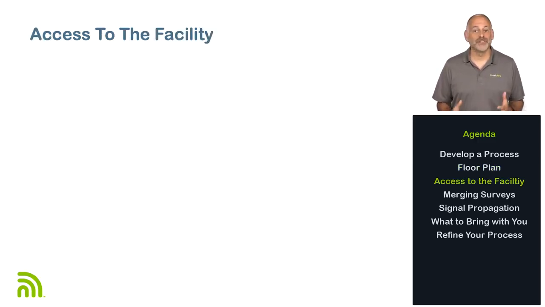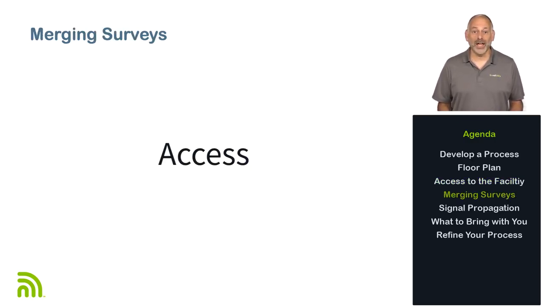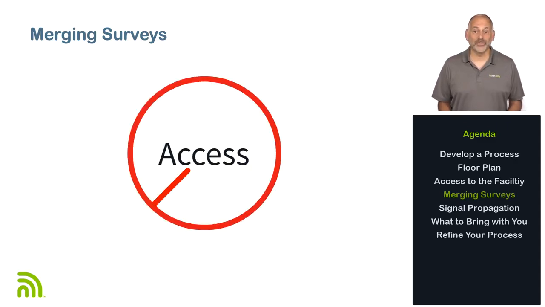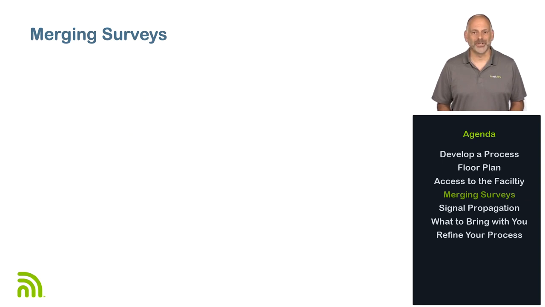Next on the list is physical access to the facility. I know it sounds obvious, but it's important you make sure you have access to all the areas that will need to be surveyed. This access may include keys, key cards, permission, and availability. There have been several times where I haven't been able to get into a conference room or office because it was occupied during the time I was doing the survey.